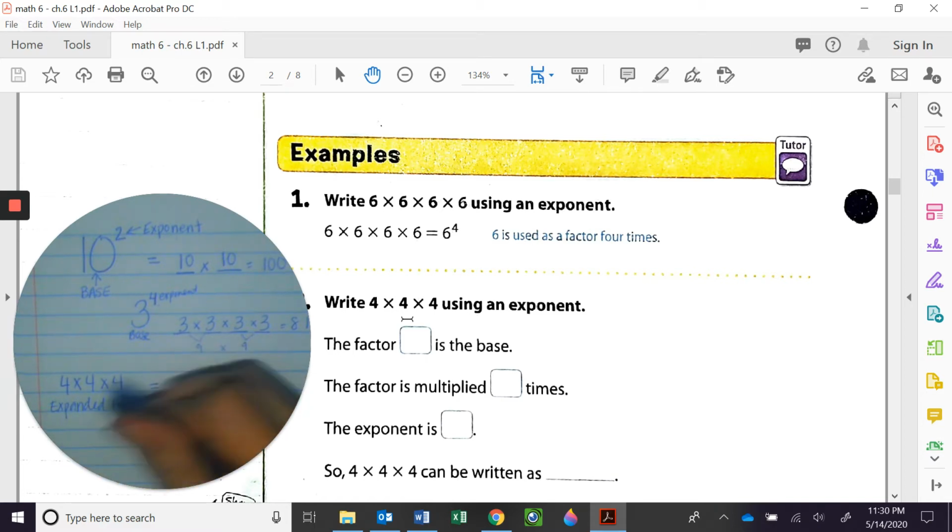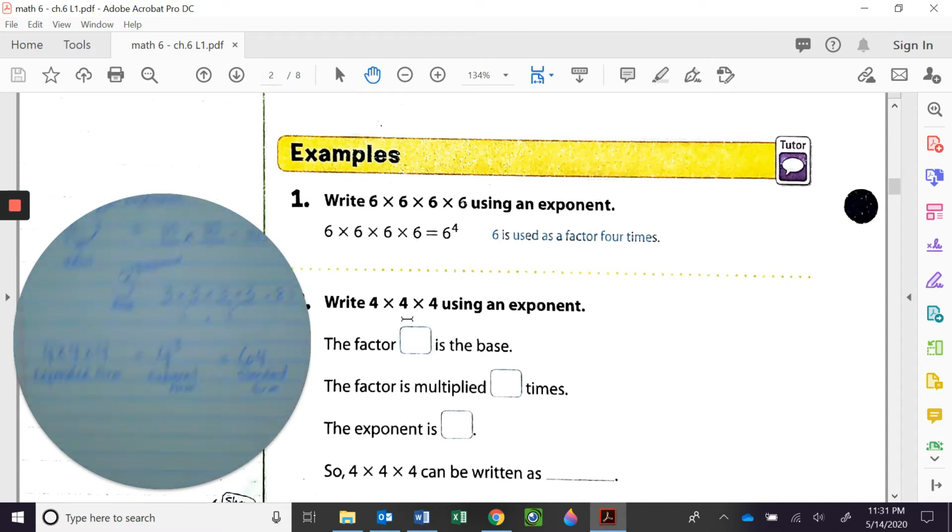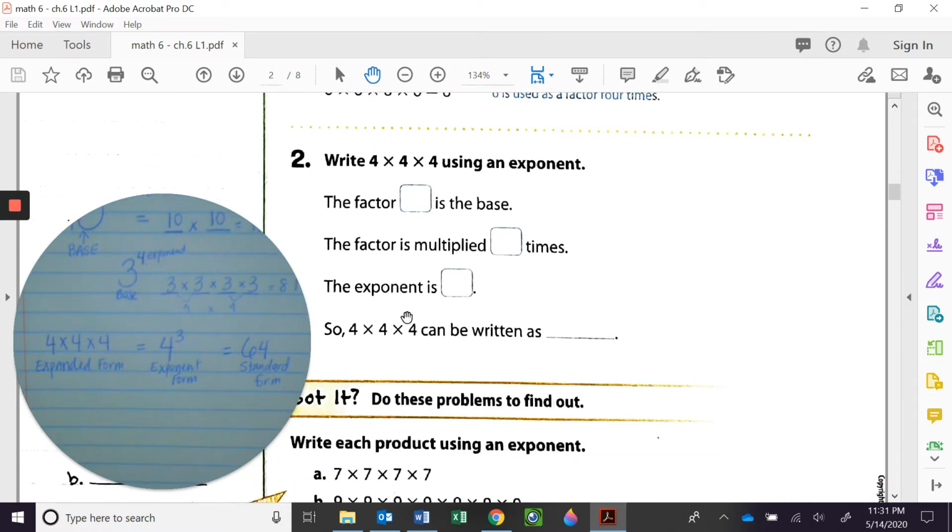Then I can say there are 3 4s, so 4 to the third power, this is exponent form. If I actually multiplied that out, I'd get 64, and this is standard form. So these are different ways to write the same exact number.